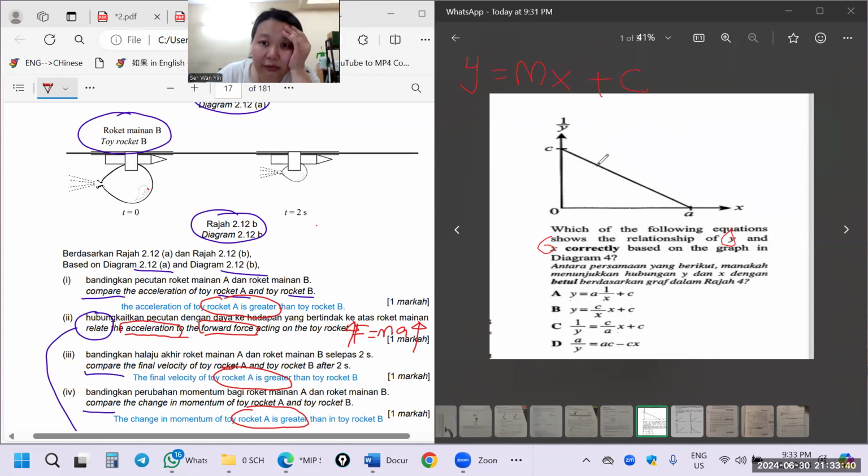But this is a negative graph. So 1 over y equals m. Actually, this is y-intercept divided by x-intercept. So actually it's negative c over a times x plus c.